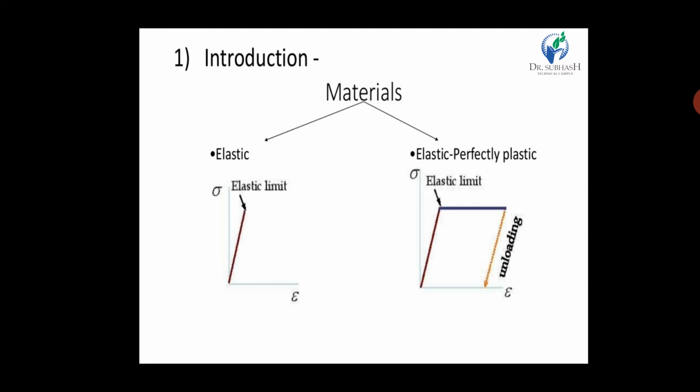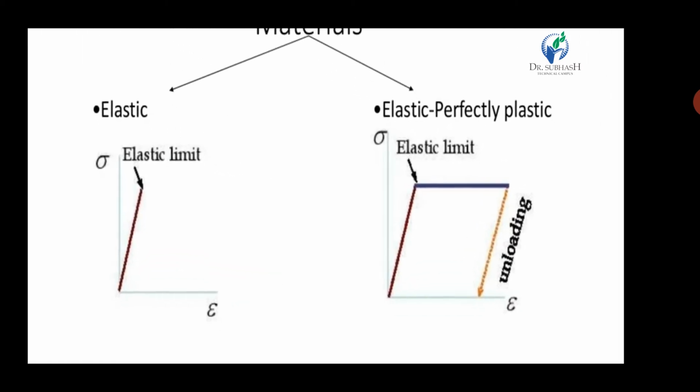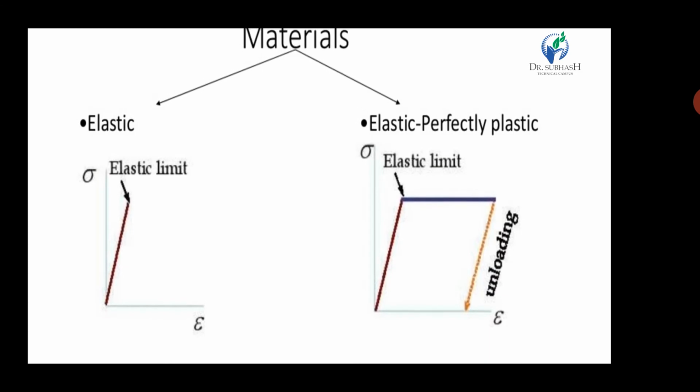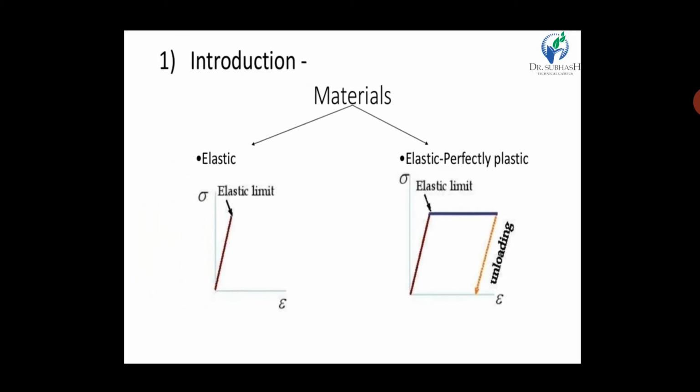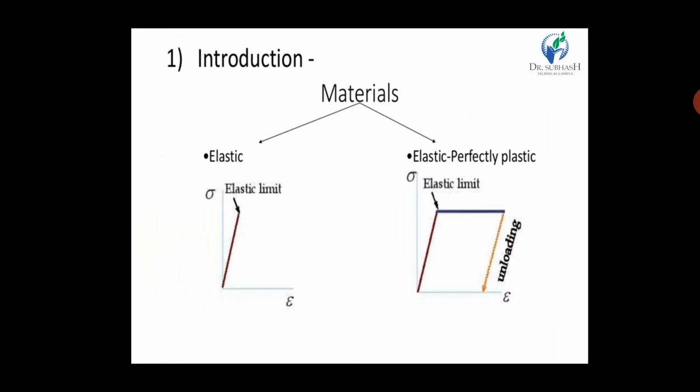You can see the graph of elastic perfectly plastic behavior. You can see the elastic limit, after that the stress stays constant, and under unloading conditions we use the plastic state.